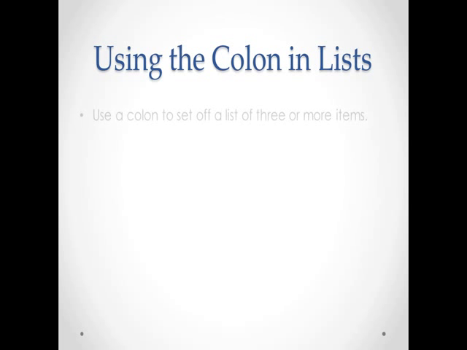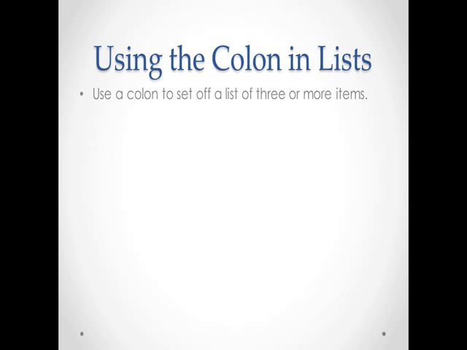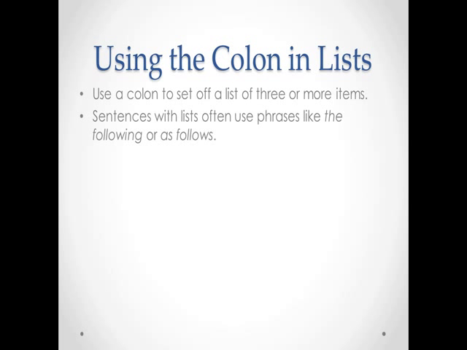Using a colon in lists. Use a colon to set off a list of 3 or more items. Sentences with lists often use phrases like "the following" or "as follows." So oftentimes you're going to see, "I need you to bring the following items," and then a colon.